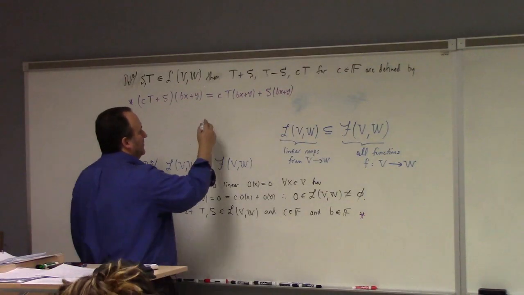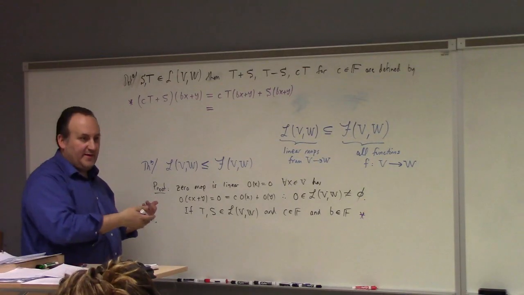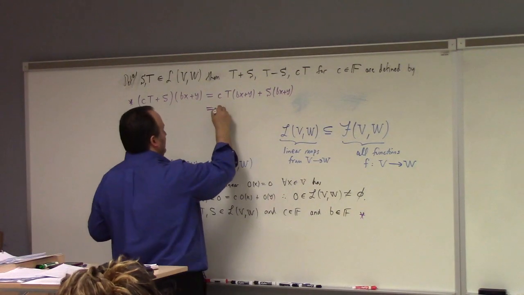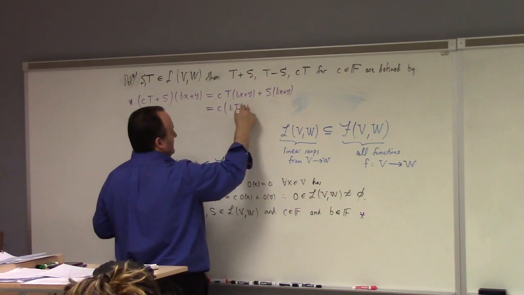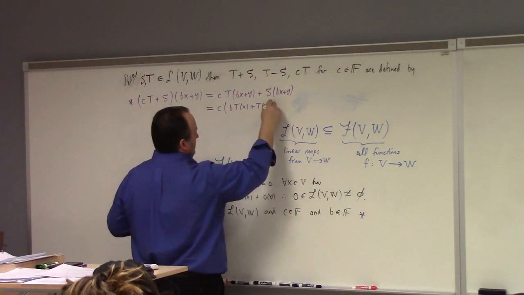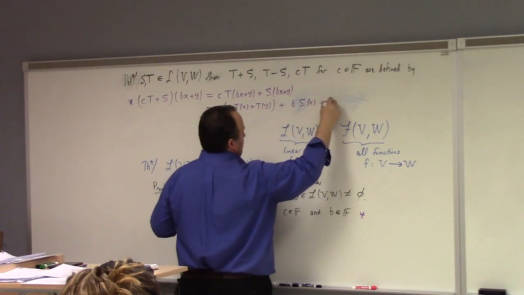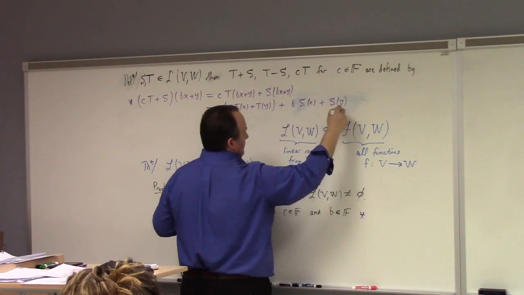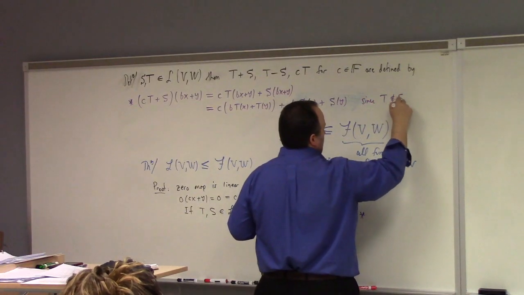Then I know that S and T are linear maps by assumption, right? So I've got C times parentheses B T of X plus T of Y plus B S of X plus S of Y, since T and S are linear.